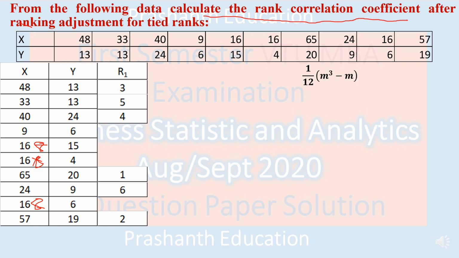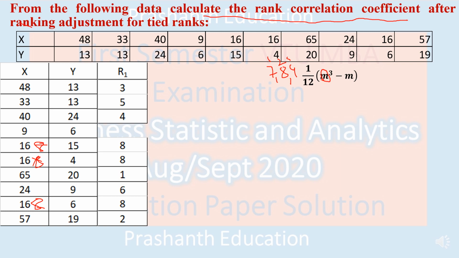This is the adjustment which I'm going to do. M is nothing but how many ranks I have taken. In this case, I have taken 7, 8, 9, so it is 3 ranks, and M will be 3. I have taken an average of the ranks and given rank 8, 8, 8 to it.